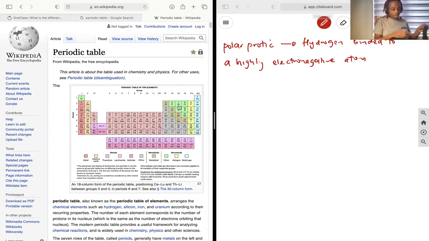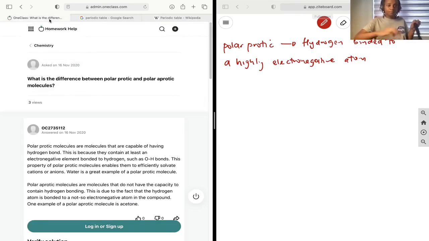And so in the case where hydrogen is attached to oxygen, fluorine, or nitrogen, what happens, let's just write that down here. So it needs to be oxygen, nitrogen, or fluorine in most cases, and nearly all cases that you'll deal with.